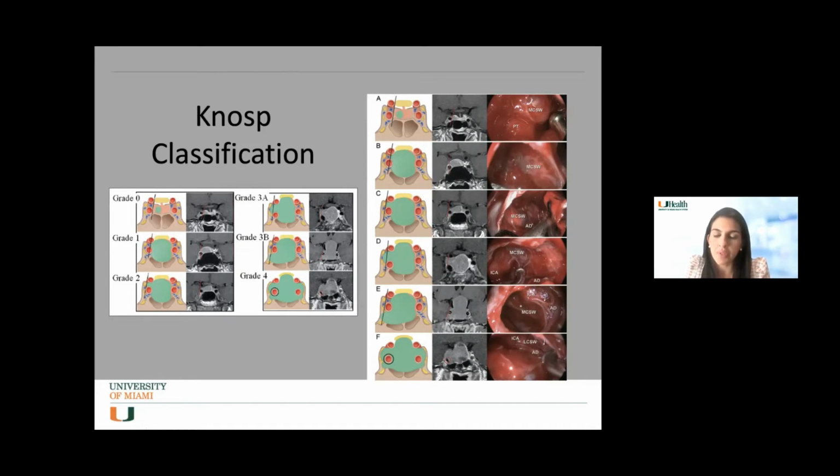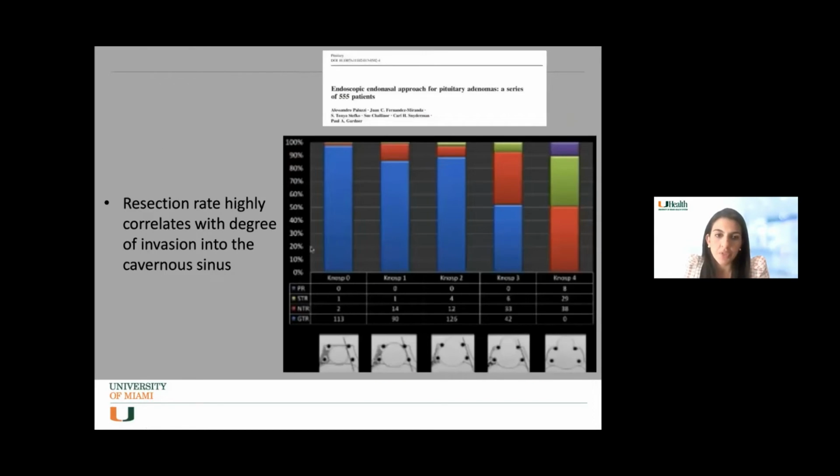This is a grading scheme that allows us to characterize tumors by their invasiveness into the cavernous sinus. And there have been a lot of studies done to determine what that means in terms of extent of resection. It was found that resection rates highly correlate with degree of invasion of the cavernous sinus.